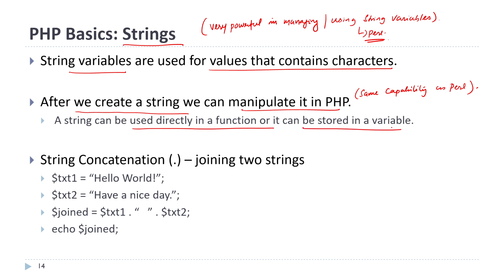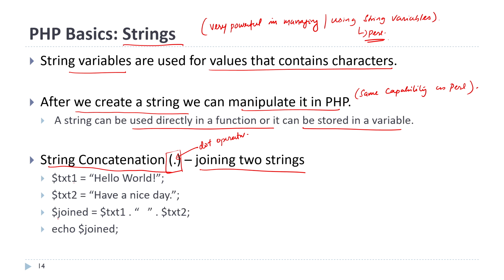One of the important operations is called string concatenation. Concatenation means joining two strings, and that is done with the help of the dot operator. If you look at an example, $text1 is hello world, $text2 is have a nice day.